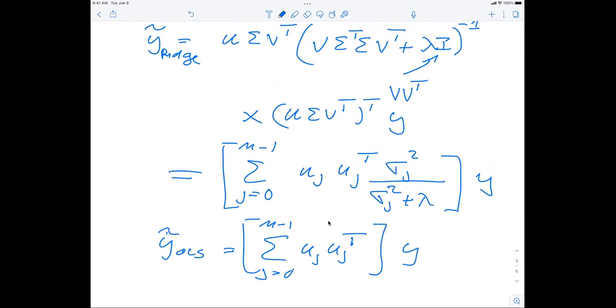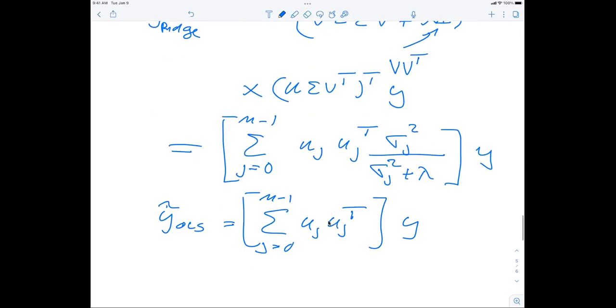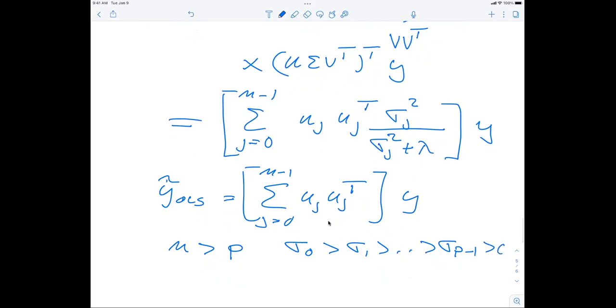Now look at this expression, and I want to ask you one thing. Remember that we have assumed that n is larger than p, and these singular values, sigma_0 larger than sigma_1, and so on, larger than sigma_{p-1}, are larger than 0.